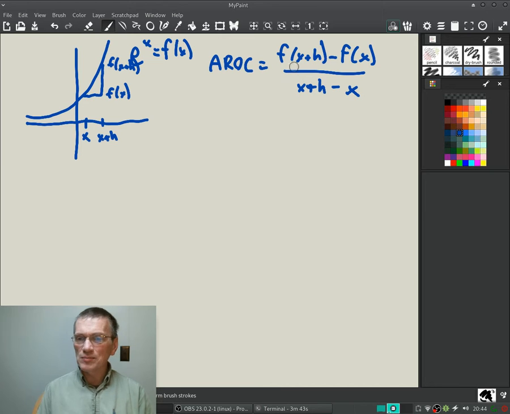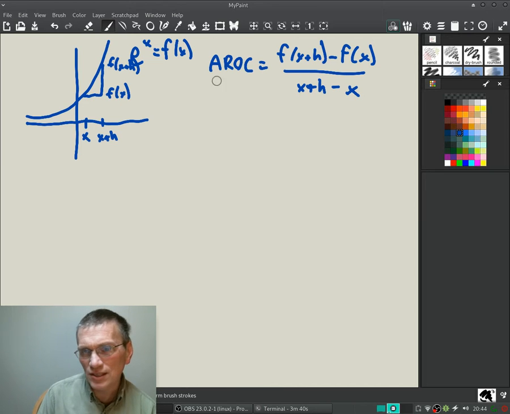Remember we did this average rate of change a while ago? Well, now we can combine it with limits, and that's one of the reasons we're doing limits. You can see that this slope is a rough estimate of this slope, but as this gets smaller and smaller, it gets to be a better and better estimate.